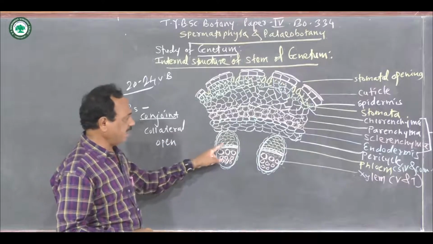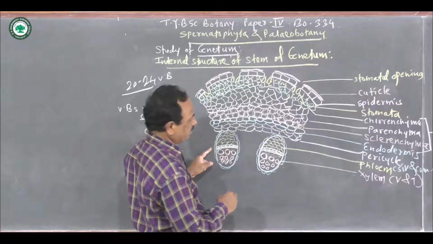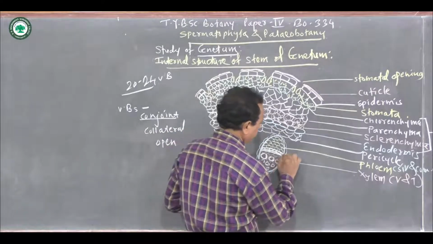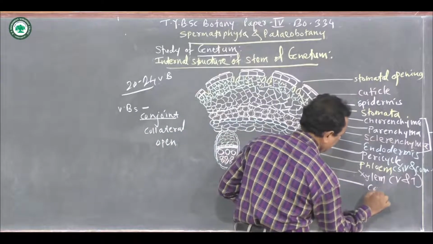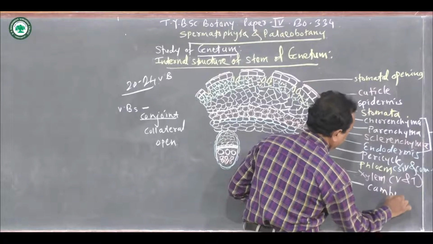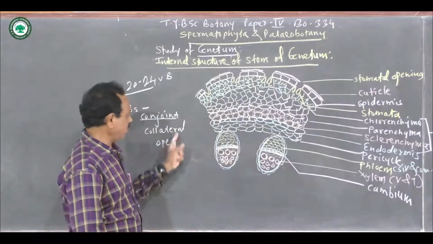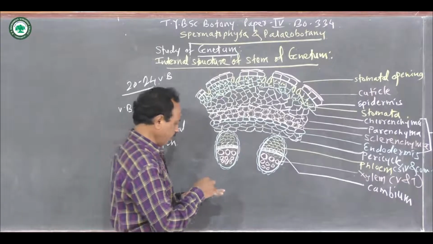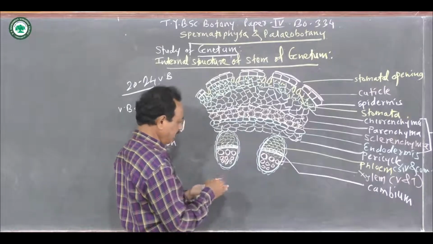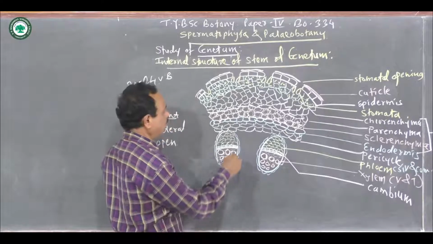And in between the xylem and phloem, there is the presence of a strip of cambium. So thus here this is the cambium, and the vascular bundle becomes the open type. So thus here the vascular bundles are conjoint, collateral, and open type.